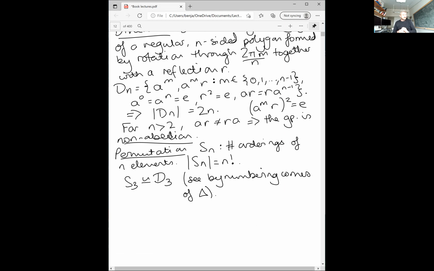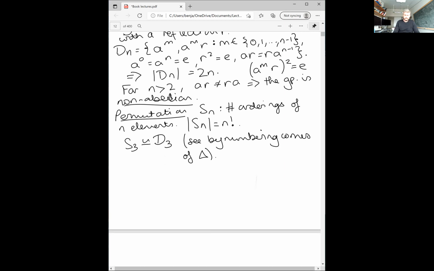Now I want to go on to another topic, which is to define automorphisms. These are maps of the group elements where the group product rule is preserved.